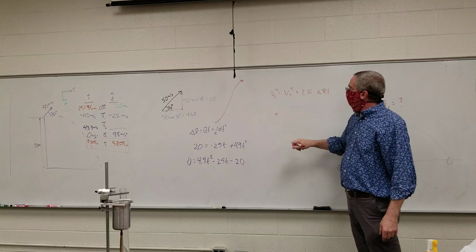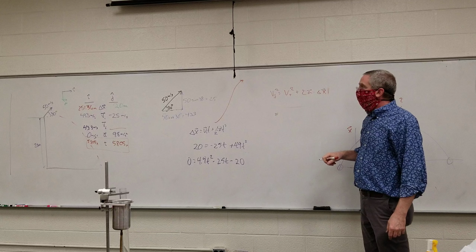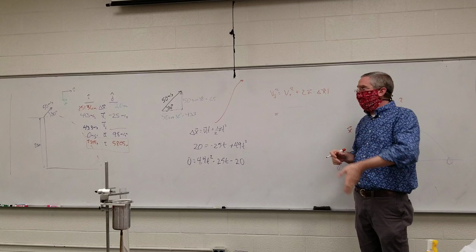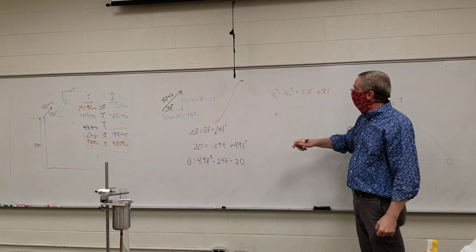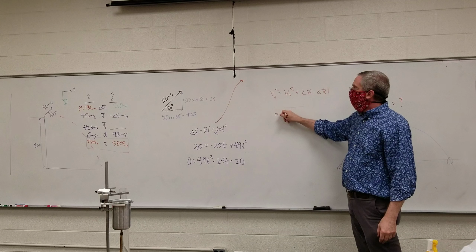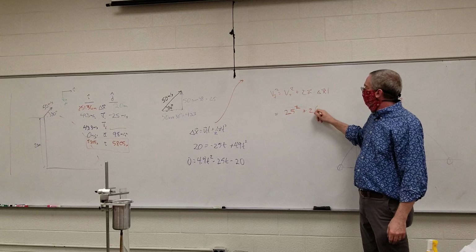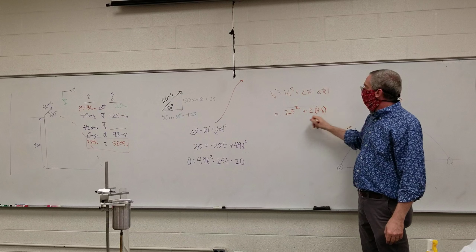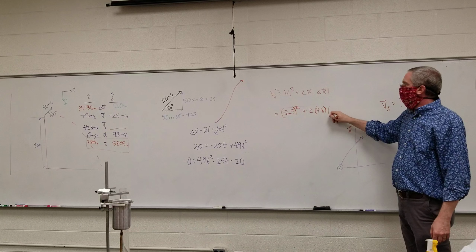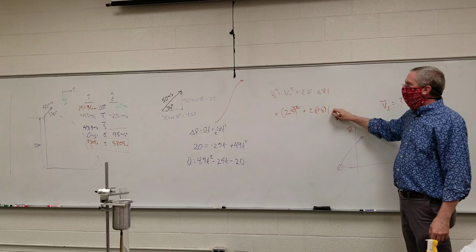Now you've got actually some options here. Traditionally, we're going to plug in the j stuff, the verticals, because vertical is the piece that we don't know. So this becomes 25 squared plus 2 times 9.8 times 20.